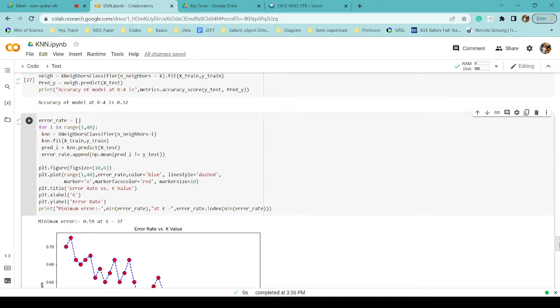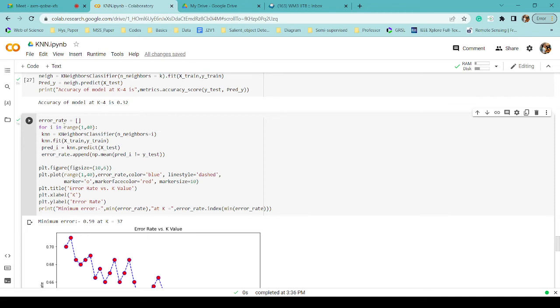But if you want to use KNN for a particular model with the maximum accuracy and the least error rate, this is how you can go for it. Otherwise, you can just do a hit and trial method, take random k values and see your accuracy. So over here, I'm defining the value of k in terms of the two things we just discussed: error rate and accuracy.